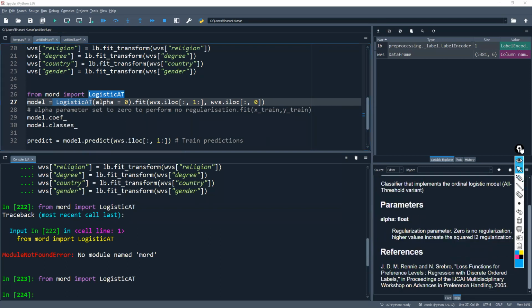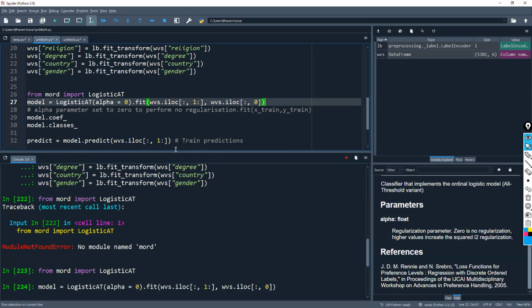Okay. 0 means no regularization. 1 means L1, 2 means L2, and so on and so forth. Okay. Then you're saying, let me fit the model on inputs and output. Column 1 until the end are inputs, and index number 0 is your output. So you build the model.